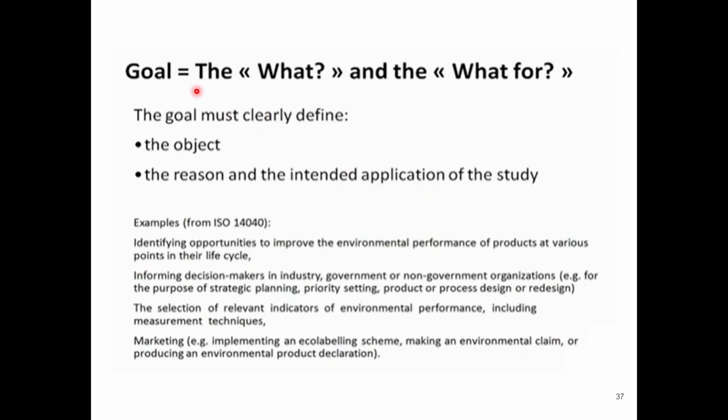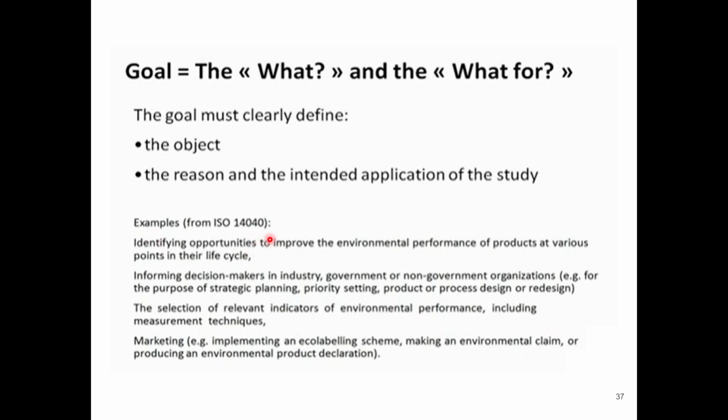So the goal is the what and the what for. Why we are doing it, and what we are doing. That is the goal. The goal must clearly define the object, the reason, and the intended application of the study.